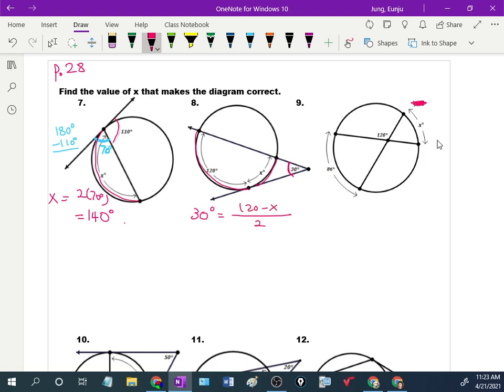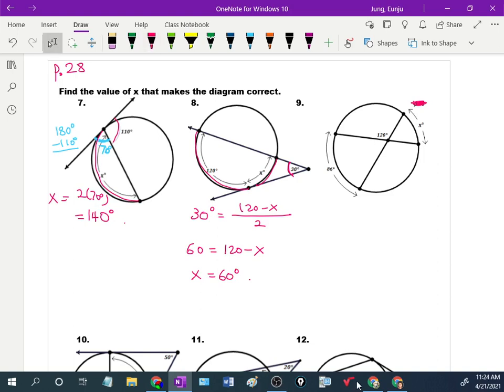So write an equation first, okay? And then think about how to find x by solving equations. I don't like half, so let's double both sides. So 60 degrees will be 120 minus x, right? What is x then? 60 degrees. That's how we find the value of x.